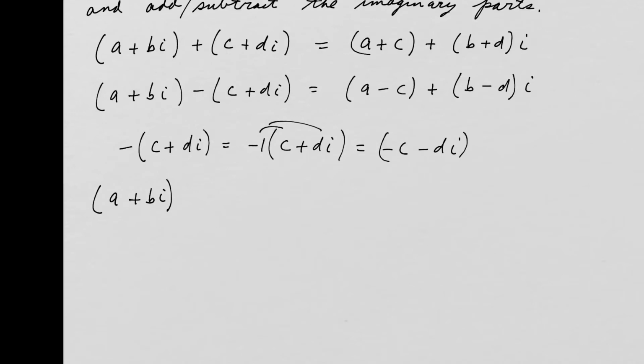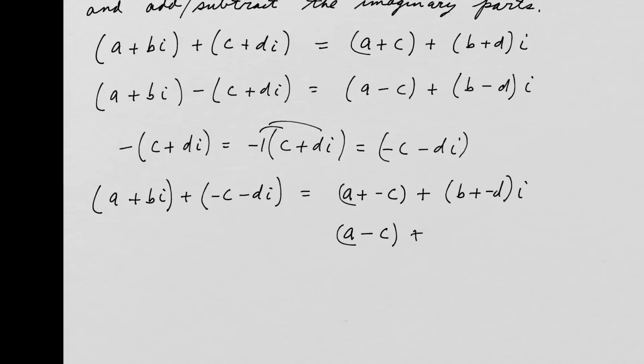I distributed in that -1, so now it becomes plus, and then -c minus di. Then I'm adding the real pieces. Well, what's a plus a -c? Well, a plus a -c is the same as a minus c, right? And then I want b plus a -d, but b plus -d is the same as b minus d. Right? So you get exactly the same thing. It's exactly what you would expect it to be.